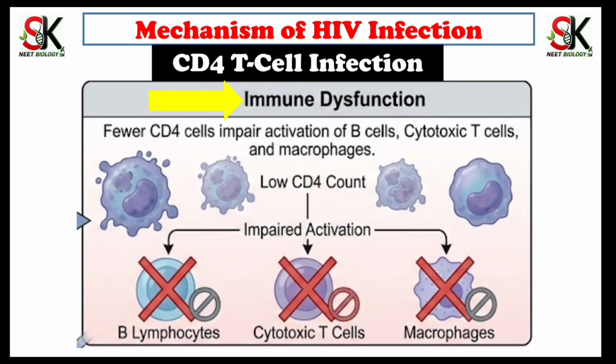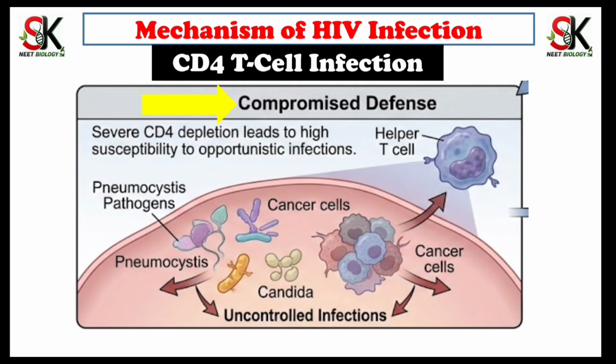With less number of helper T cells, immune system becomes unable to fight infections effectively, which leads to high susceptibility to opportunistic infections like pneumocystis pathogen, cancer, candida, etc.